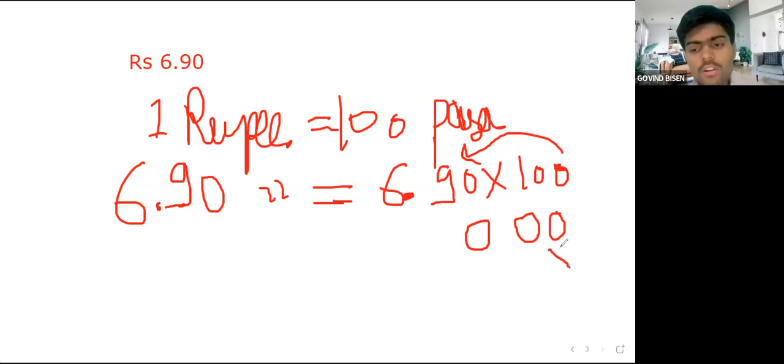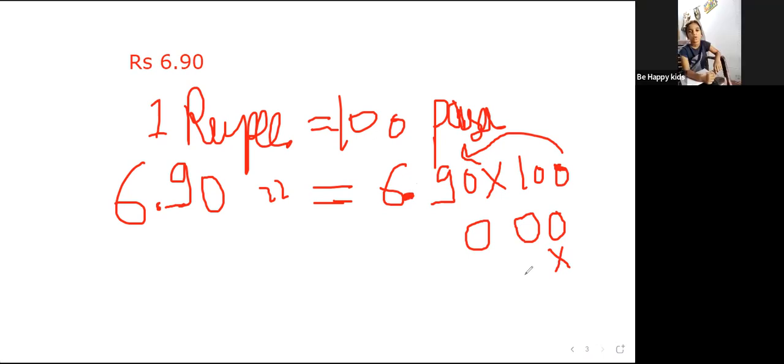And then again we put a cross mark here, isn't it? The normal multiplication goes on here. So the decimal is not affecting our procedure. We will ignore the decimal for the time being, and then we will put the decimal at the end of the answer. Right?